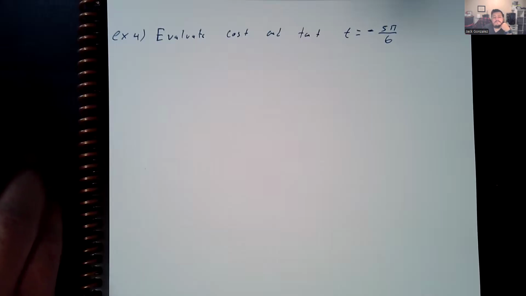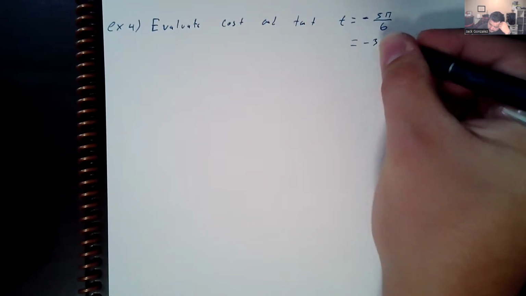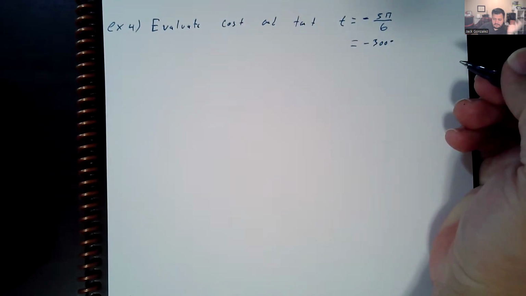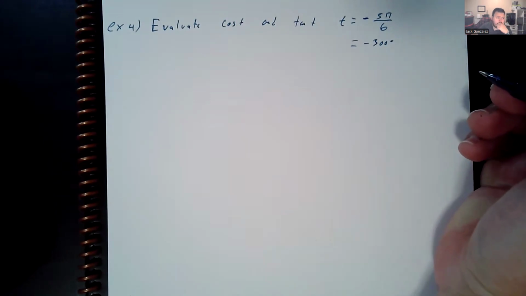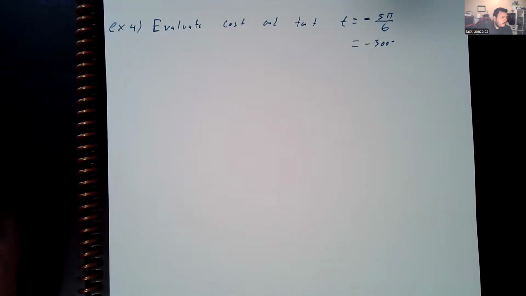Okay, so the next one, they don't ask for the point, they just tell me find cosine and tangent at negative 5 pi 6, which is the same as negative 300 degrees if you were to convert it. Actually, I'm sorry, that's not true.